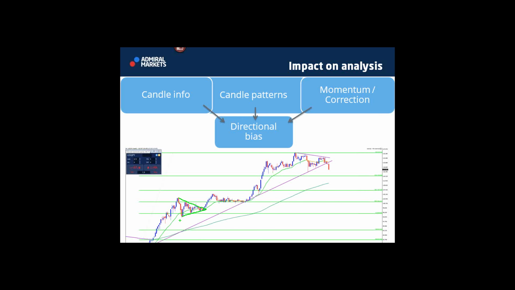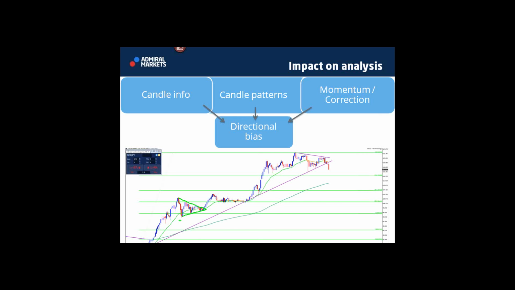I think with breakouts, it's a particularly good moment to look at where the close ends. I think that's a very, very effective way of handling that. And sometimes I say in the live webinars, I'm going to look at how this 4-hour candle closes, because that will guide me on what I think the rest of the trading day could do.